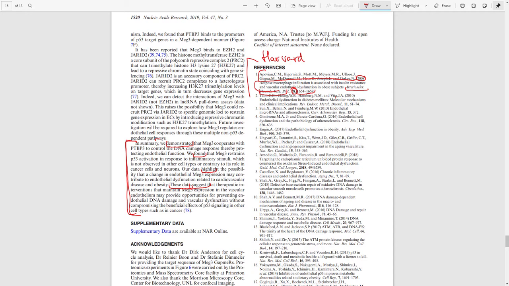This is the general rule for the Harvard referencing system. If you are referencing websites, they have a very specific way of declaring it, but you should be referencing everything that you used in your lab report.